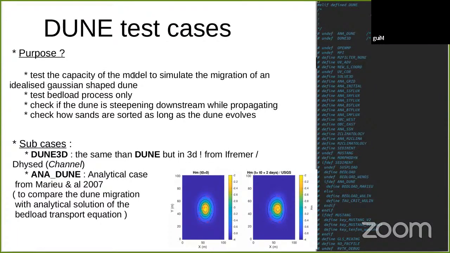The idea here is to simulate the migration, and to see how the front of the dune moves when you change your morphodynamics, you have a bed evolution. The idea is to see how your dune will move with its front, and to check also the stratigraphy, how sands are sorted as the dune evolves.